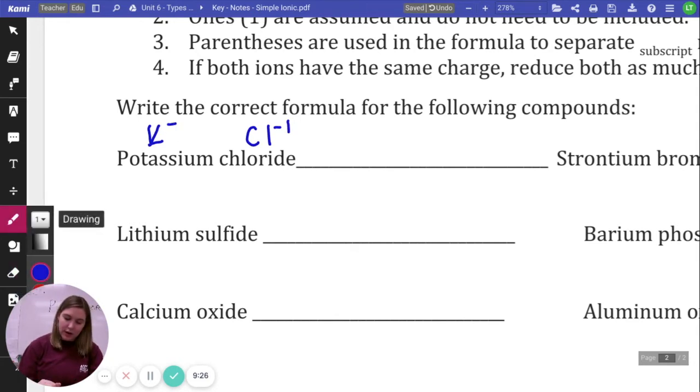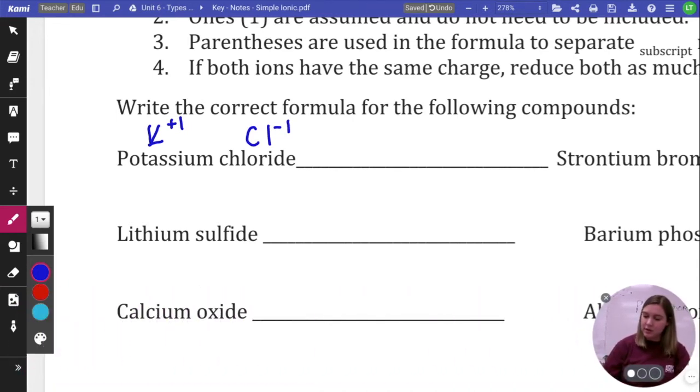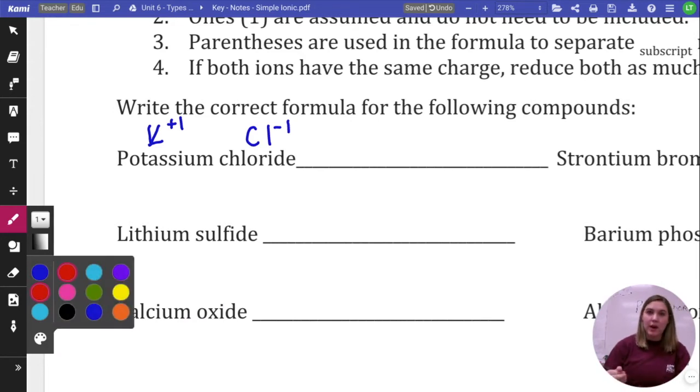So here is where it begins. Step 1 is we need to swap. I'm going to move this over to the other side so you can see a little better. Our 1 from our potassium is going to come down next to our chlorine, and the 1 from the chlorine is going to come down next to the potassium. Then we drop.